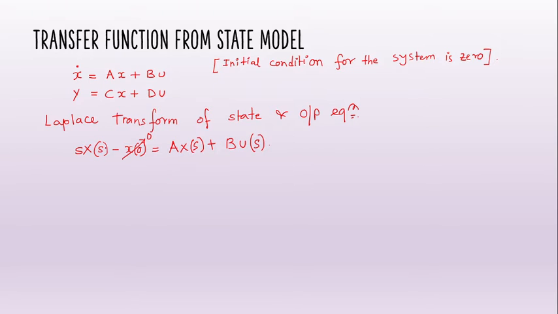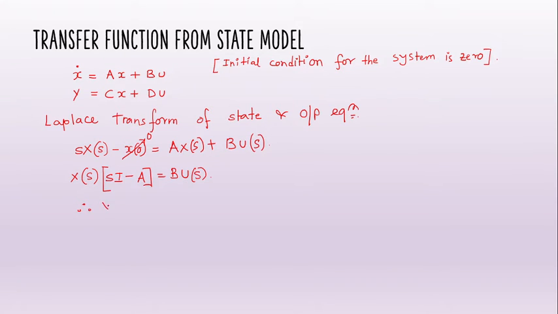Now I am taking the X(s) to one side. A is a matrix, so naturally, if I want to subtract, I have to take an identity matrix. So taking X(s) out as the common part, I will find (sI minus A) X(s) equal to B U(s).